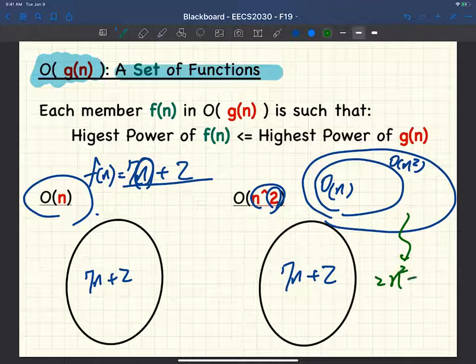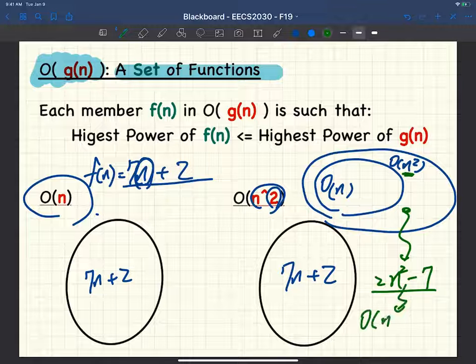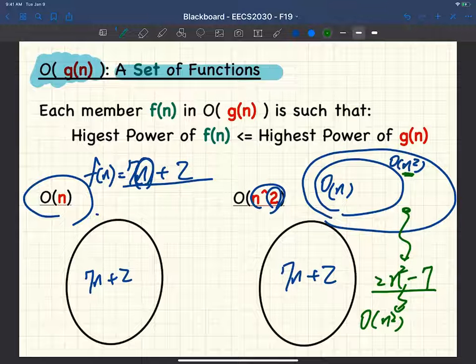2n squared minus 7. If you look at this particular function here, it can definitely be upper bounded by n squared. How do we prove it, by the way? How do you prove that? This is definitely big O of n squared. Let's apply right away. What C should I choose? Should I choose minus 5? No, 2 plus the absolute value of minus 7, right?